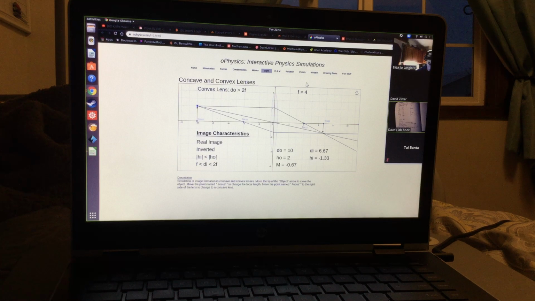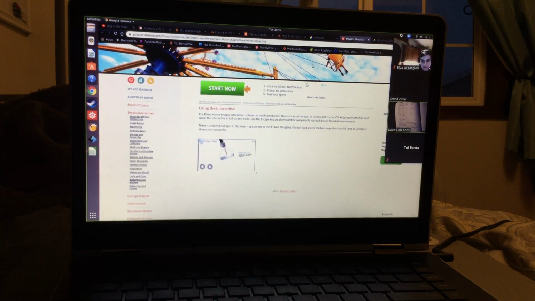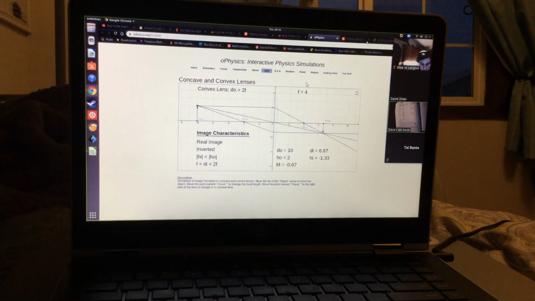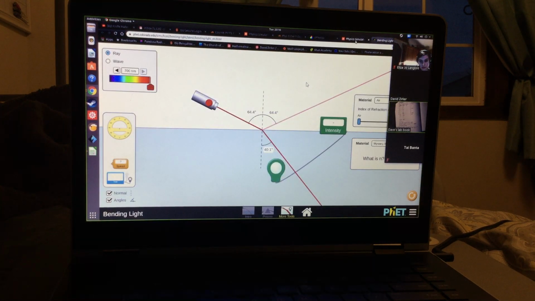I have a question for number 2. What does it mean by a virtual image? All right. So when you do, let's see, I think it's one of these simulations. It might be this first one.